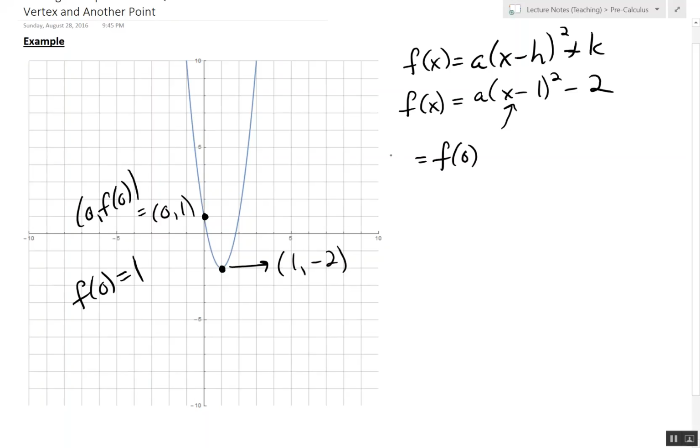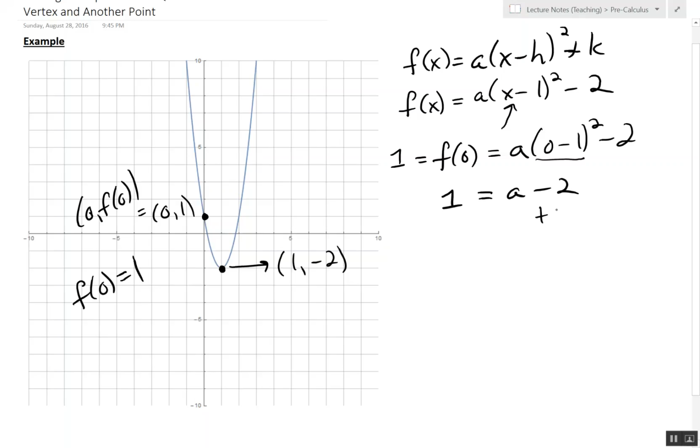We go to this equation and plug in 0. On the one hand, we know it's equal to 1, but on the other hand, this is a times (0 minus 1) squared minus 2. So this becomes 1 equals a minus 2, since this will be negative 1, and squaring it will give you a positive 1.